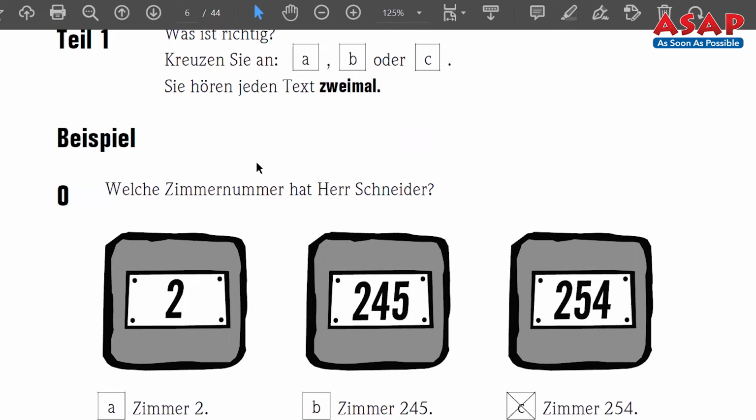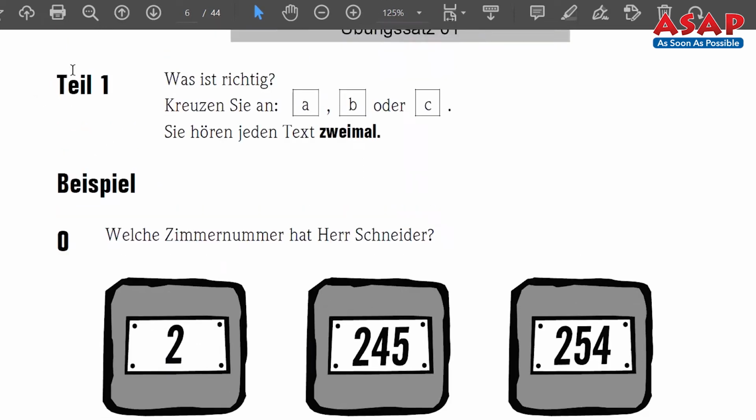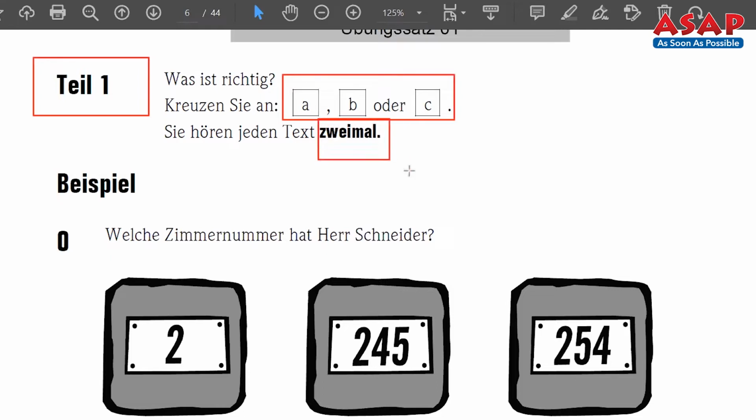So in the first one, Teil 1 means part 1, you will have a question, and there will be 3 options: A, B or C, and every question will have one audio, and every audio will be played twice. Zweimal means twice.